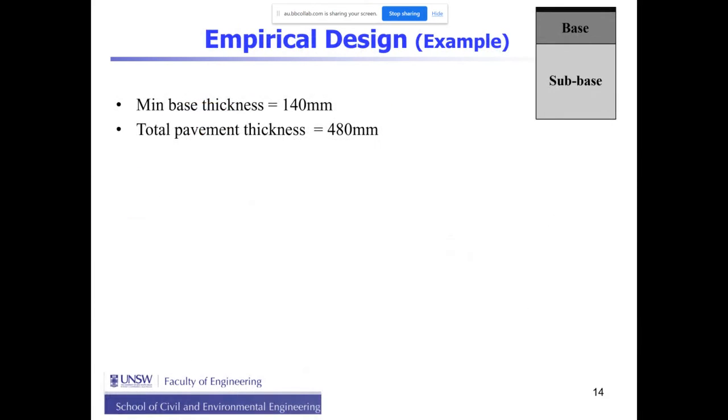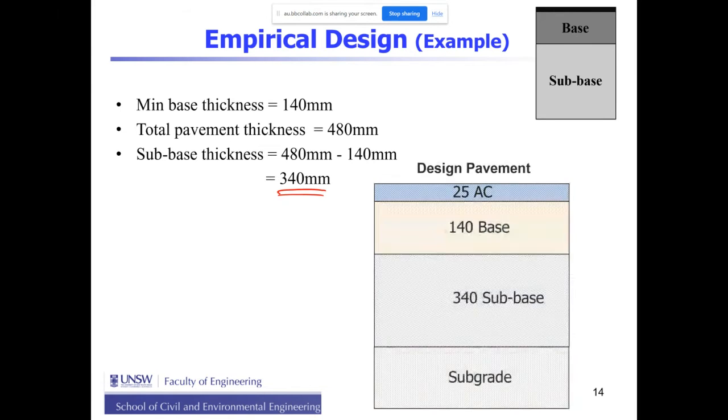This is the profile of your pavement. So minimum base thickness is 140 millimeter, total pavement 480. 480 minus 140 gives you 340 millimeter, which is the thickness of the subbase layer. And this becomes the structure of your pavement when you are dealing with the granular material.